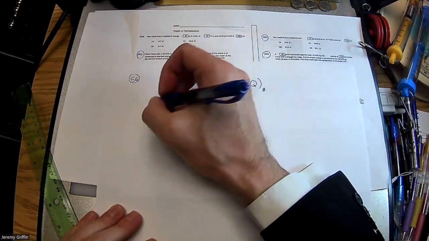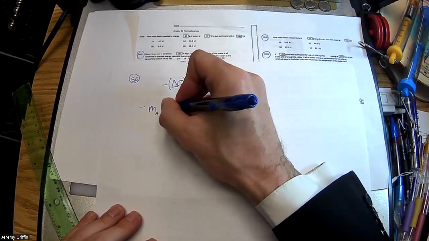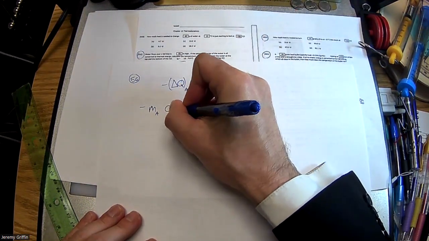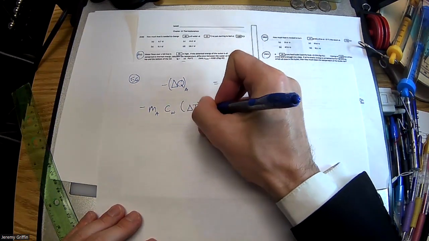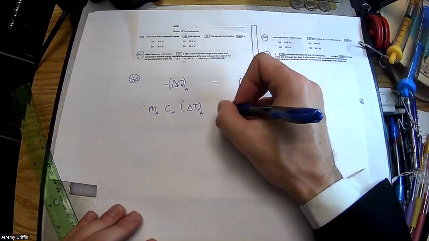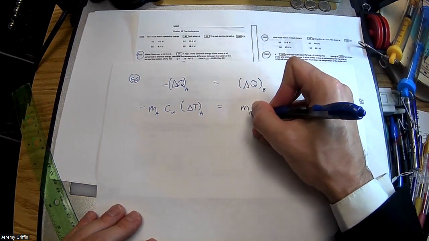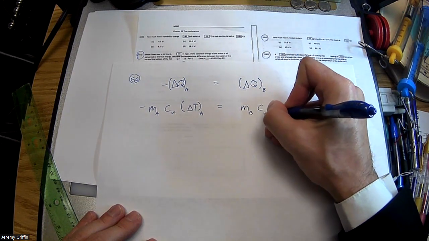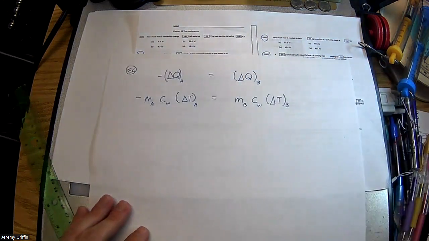And then here, do this: negative mass A times specific heat capacity of water times the change in temperature of the water for that specific mass is equal to m c delta T on the other side for mass B, specific heat capacity of water, and change in temperature of the water for mass B.